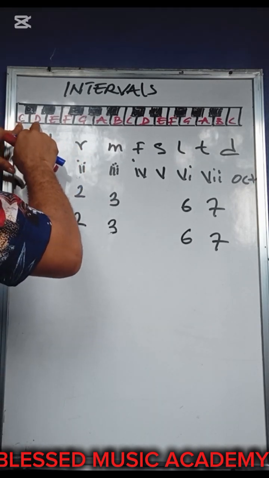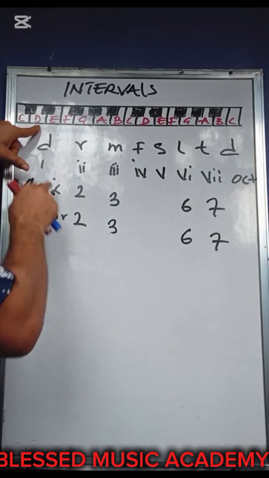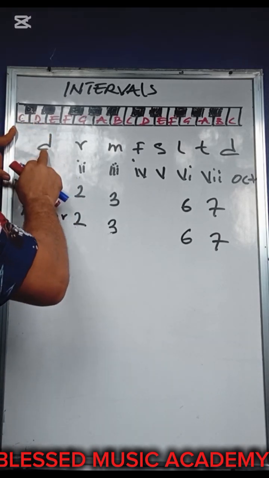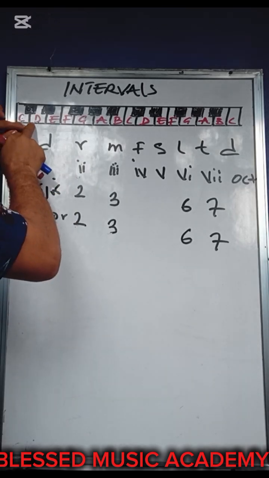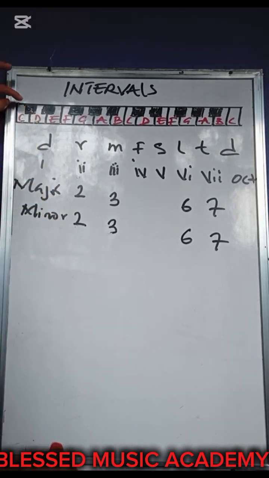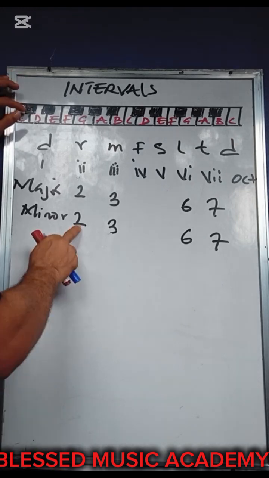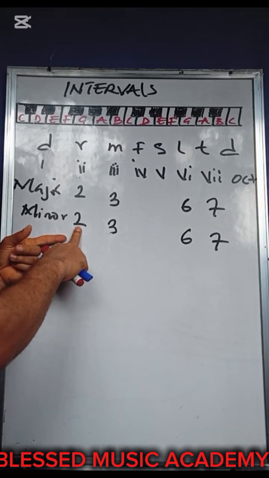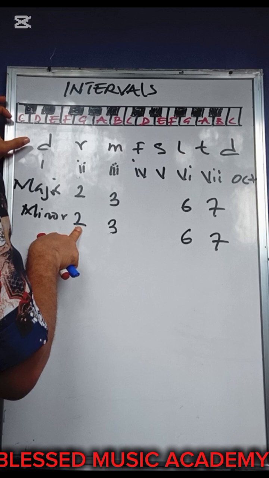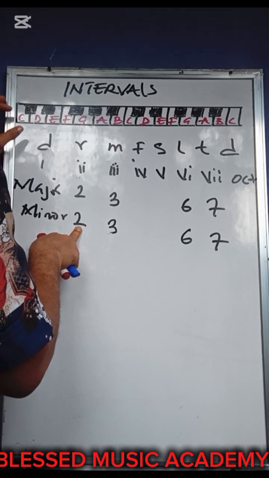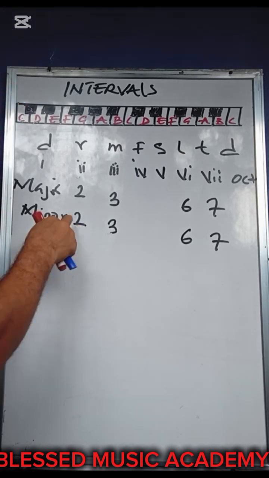From C to D is a major second. For a minor second, you lower your D. When you lower your D, you have C sharp or D flat. So from C to C sharp is a minor second. Or from C to D flat, any way you want to call it.